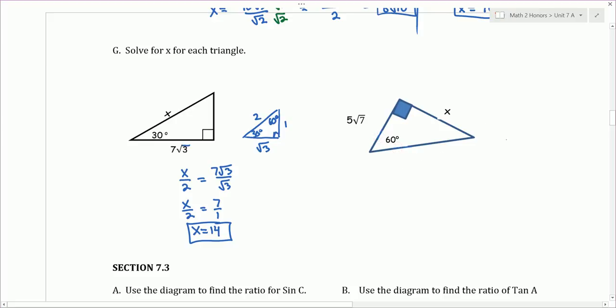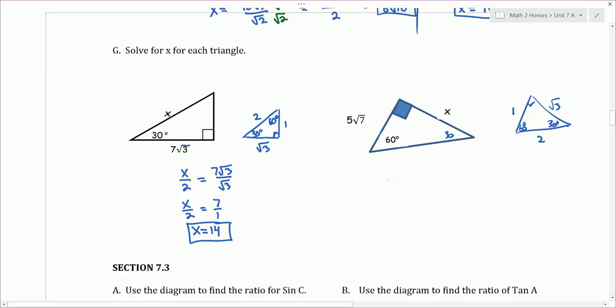Next one, we have a 30, 60, 90 as well. Draw one that we know the side lengths of. One always goes across the 30, root 3 is always across 60, 2 is always across 90, and set up a proportion.